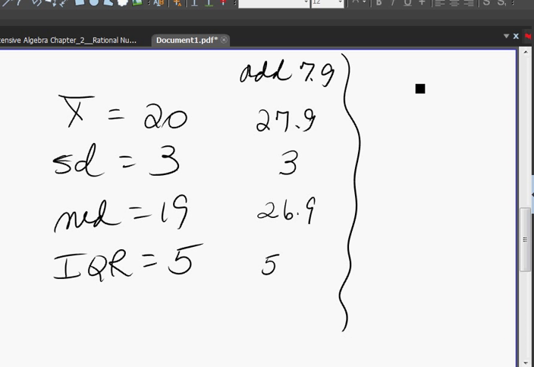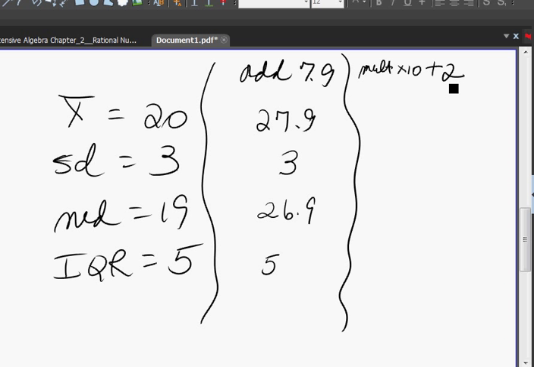Okay. Instead, let's multiply, and I'm going to keep it easy. Let's multiply each value by 10 and add 2. What's my new mean?